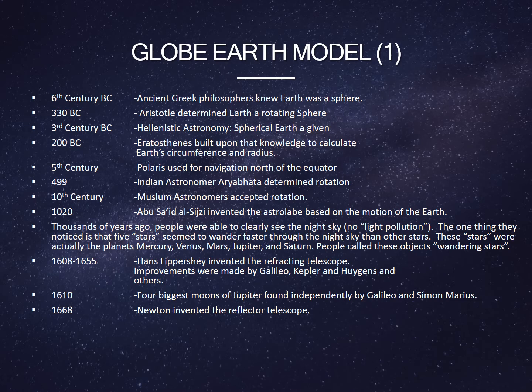In 1610, the 4 biggest moons of Jupiter were found independently by Galileo and also by Simon Marius. In 1668, Newton invented the reflector telescope.